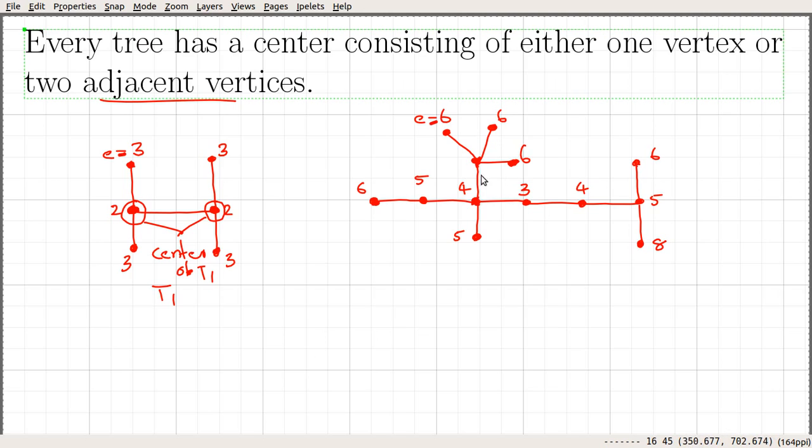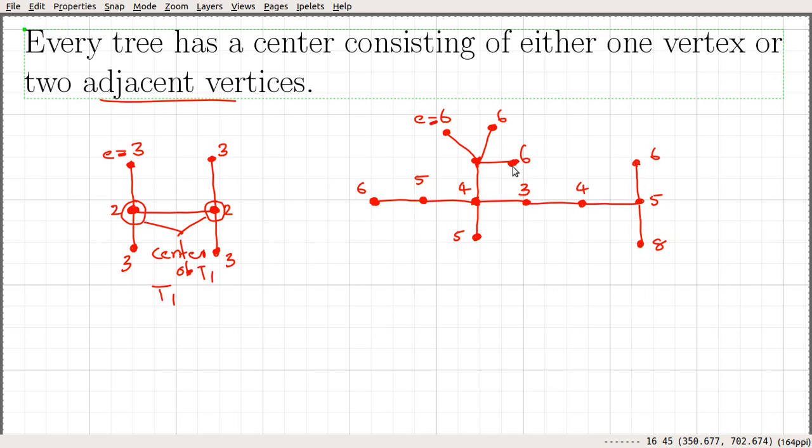Let's look into this example, and again I labeled the vertices by their eccentricity. The eccentricity of this vertex is 6, and the path corresponding to that number goes 1, 2, 3, 4, 5, 6. Similarly the eccentricity of this is 6, and so forth.